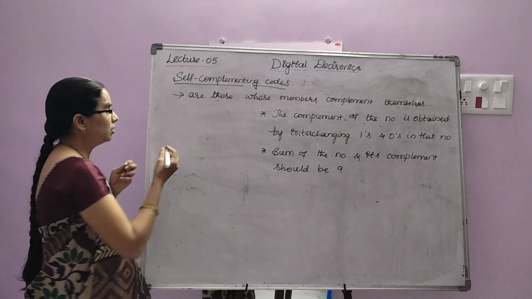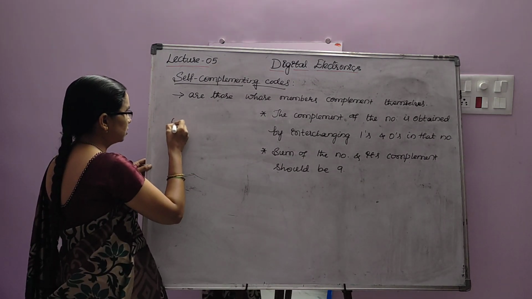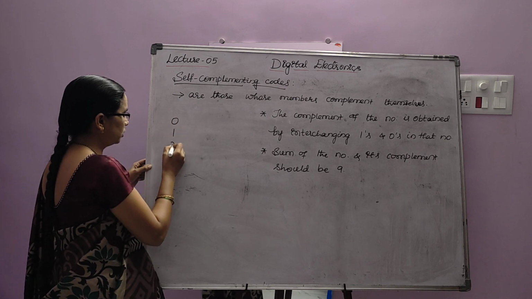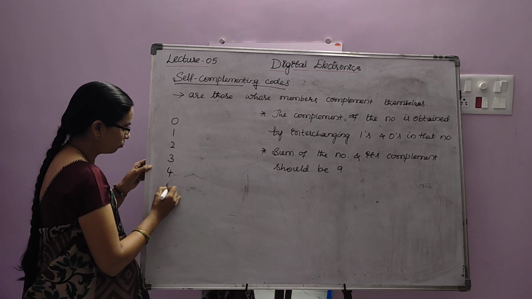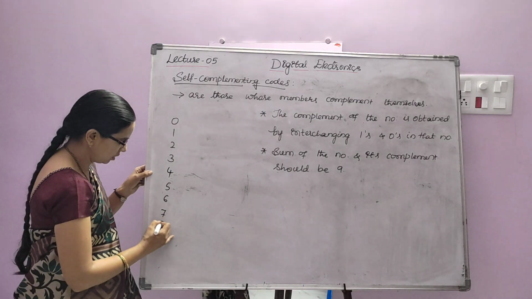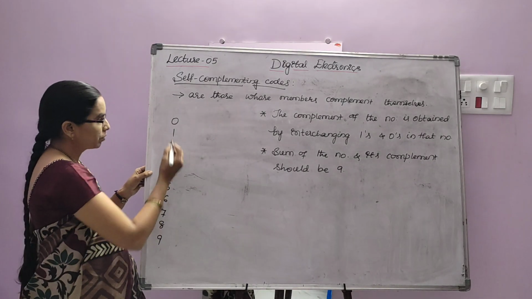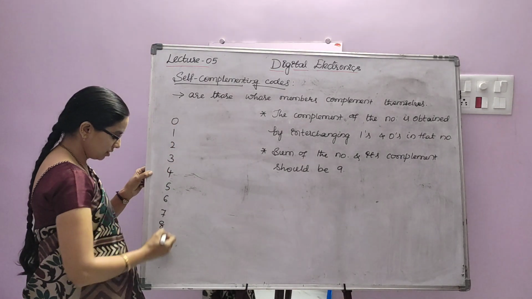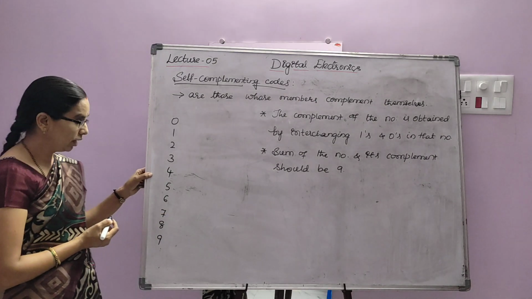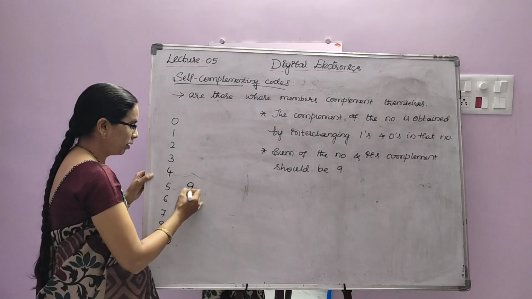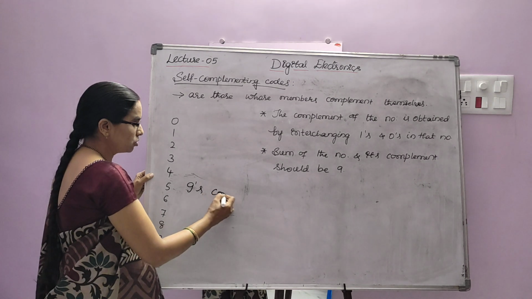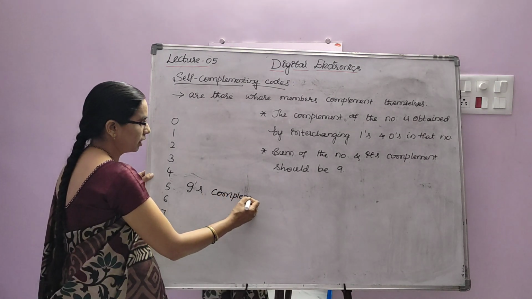For example, decimal 0 1 2 3 4 5 6 7 8 9, and in this 0 to 9, the 9's complement. How to take the 9's complement?